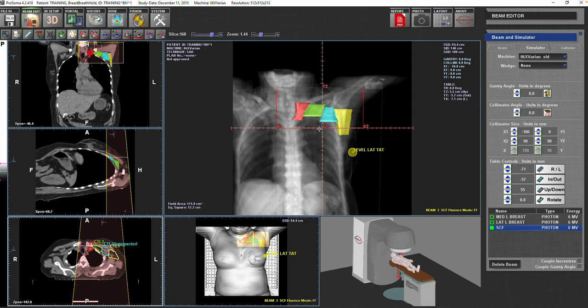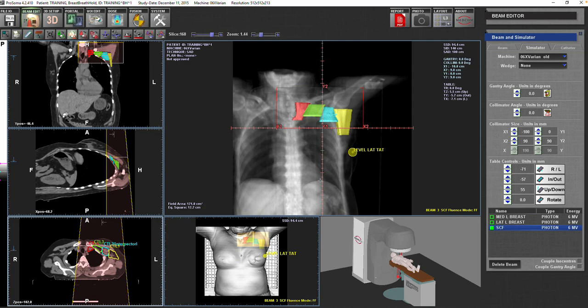For example, if you're putting a breast field, you cannot extend your breast field beyond the maximum of 19 or 20, because the maximum field, we know it's 40, so if we use half beam block, it will be only 20. So if you have a bigger chest wall or a big lady where you want to use more than 20, it will be limited.